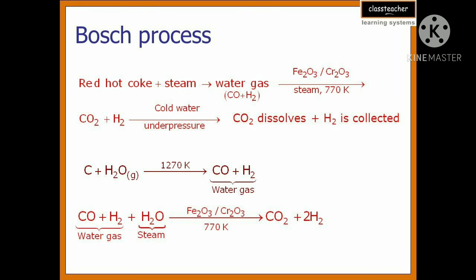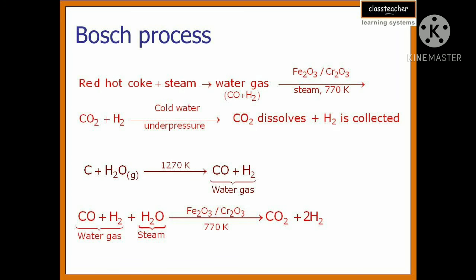Here the reactants are white hot coke and steam. The temperature is around 1000 degrees Celsius. The process done over there is passage of steam over white hot coke, that is carbon.